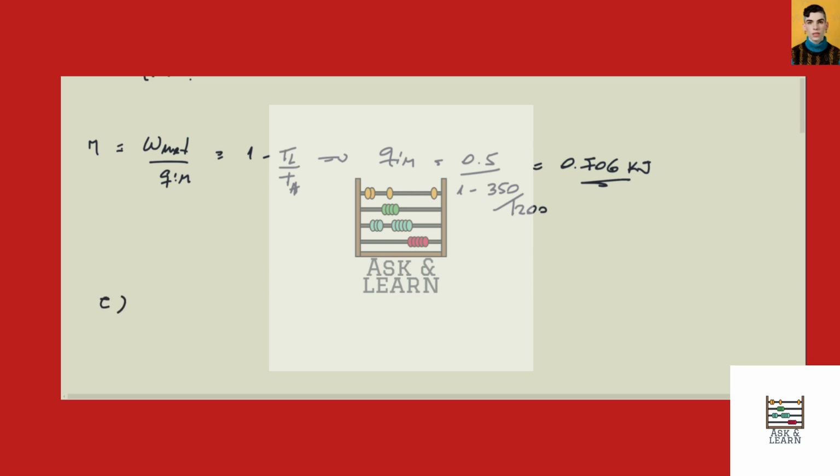Okay, now for item C. For item C, we have to find the mass. We have to remember that the mass comes from the entropy.